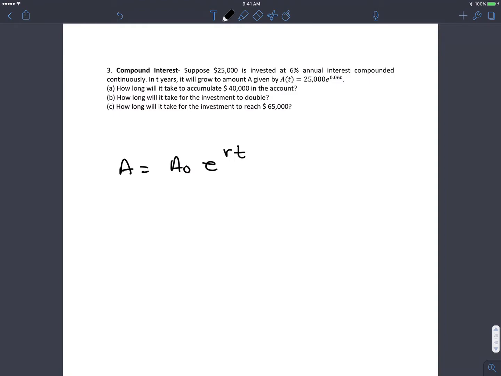And so we notice that $25,000 is invested, so this is the initial investment. So this value is $25,000. It's invested at 6% annual interest.